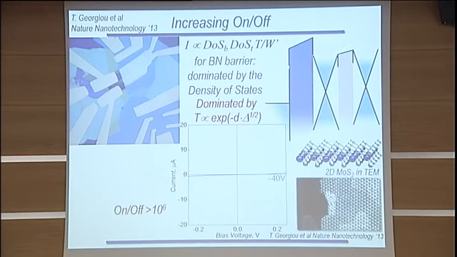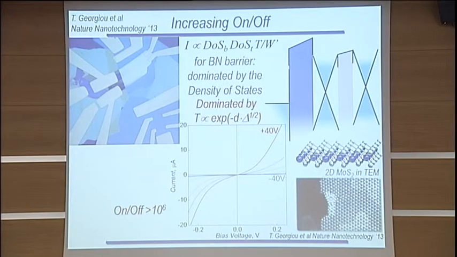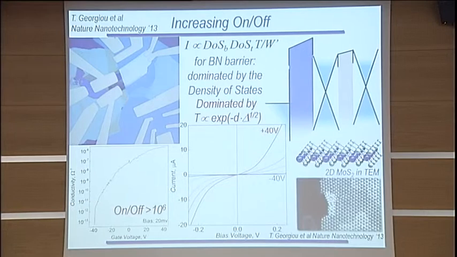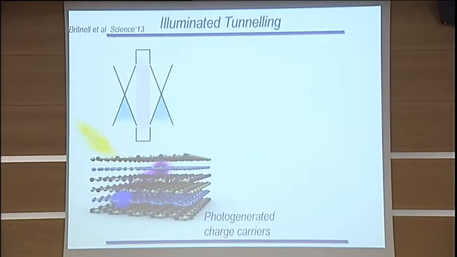However, if you apply a positive voltage, you bring the Fermi level close to the bottom of the conduction band in moly, and you see a very high current, and basically in the good transistors you can obtain an on-off ratio of about 10^6, which is already close to what is required on the commercial scale.